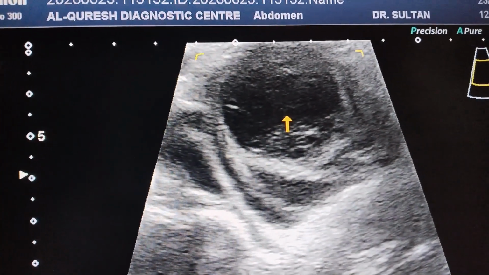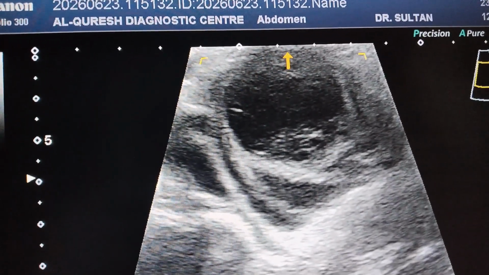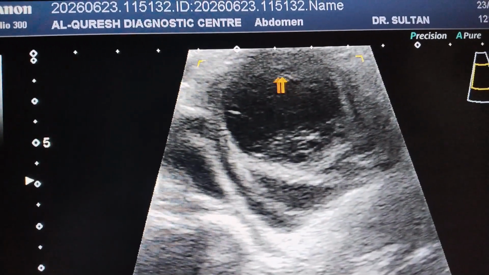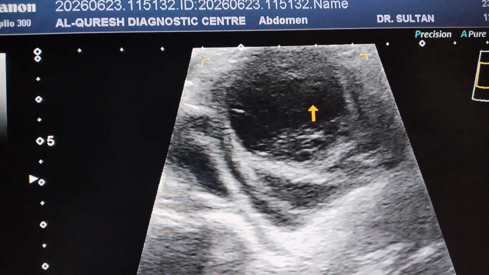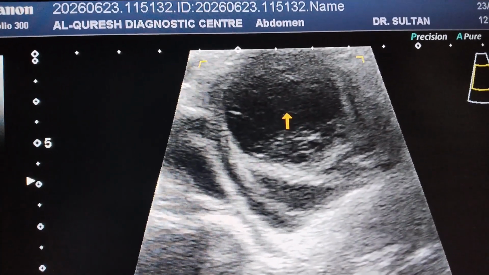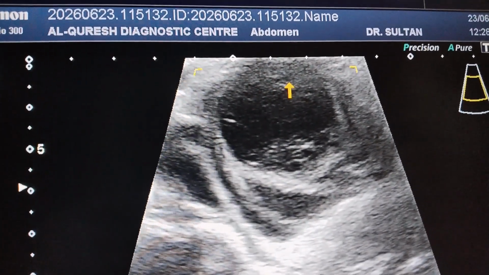This is not endometrioma, because the endometrioma should show low level echoes within the lumen. The lumen should be filled with a low level ground glass appearance. So this is the feature of the endometrioma.